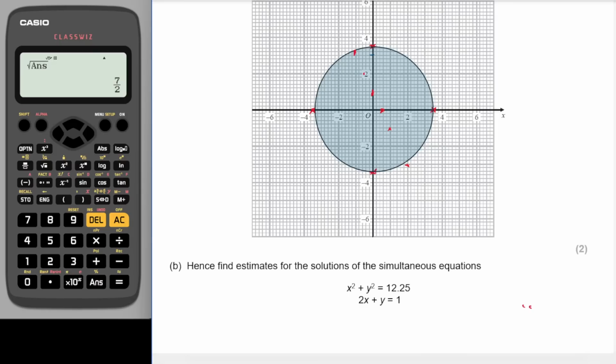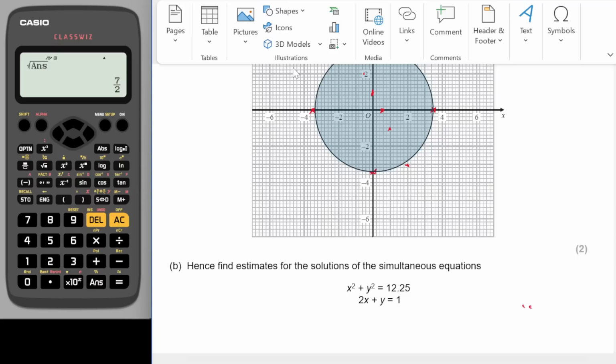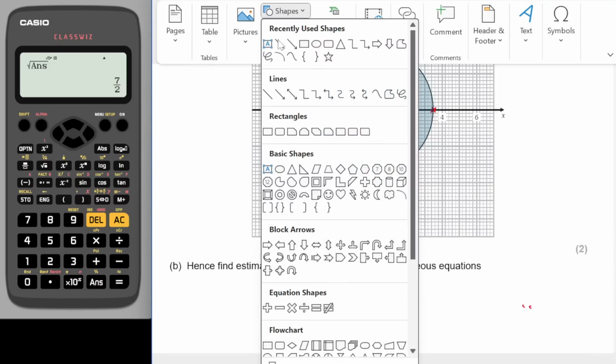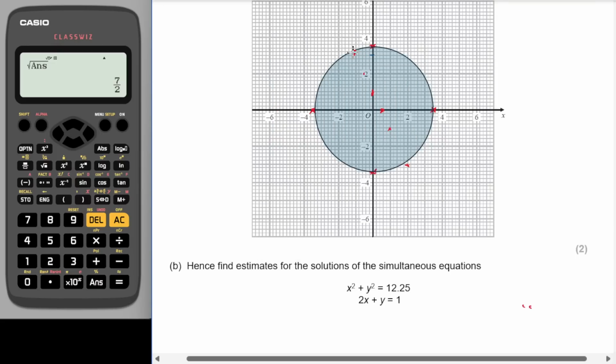Right, so that's my second line. So if I insert a line to represent that, just move it around till I'm happy with it.